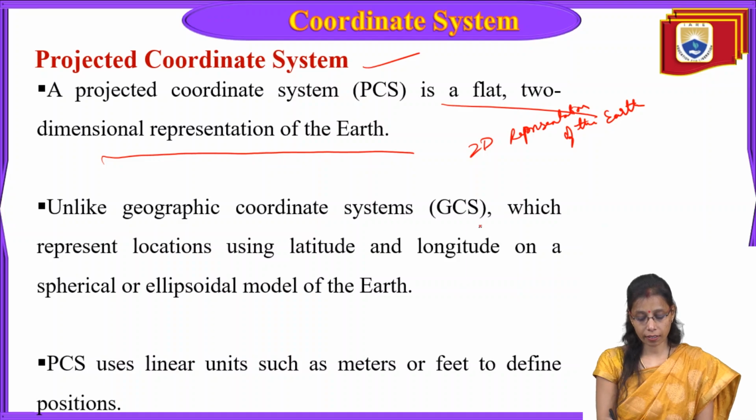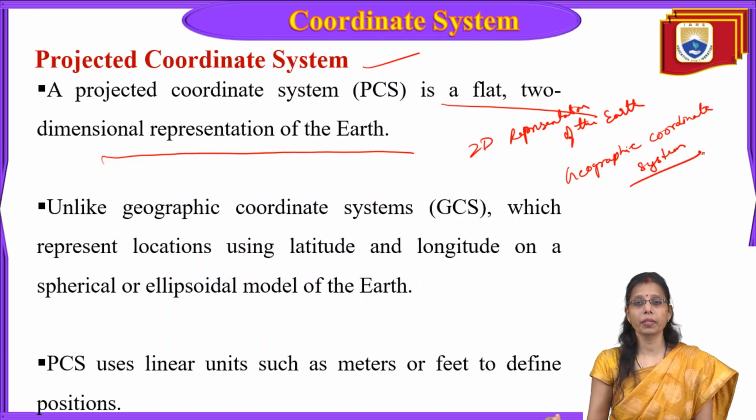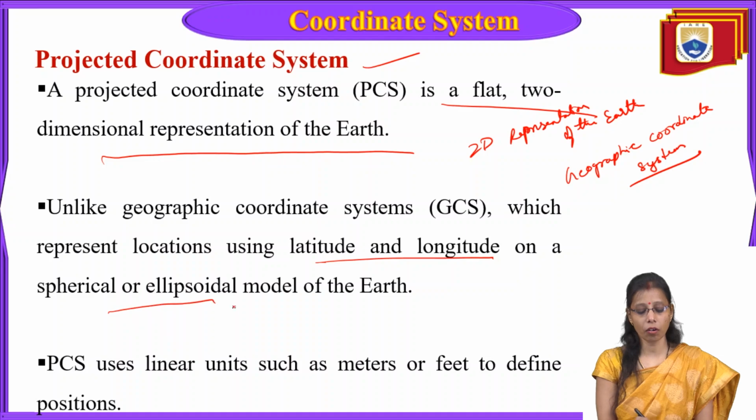Unlike the geographic coordinate system, GCS. GCS is what? Geographic coordinate system, which represents the locations, the latitude and the longitude, on a spherical or ellipsoidal model of the Earth. So that is called the geographic coordinate system.